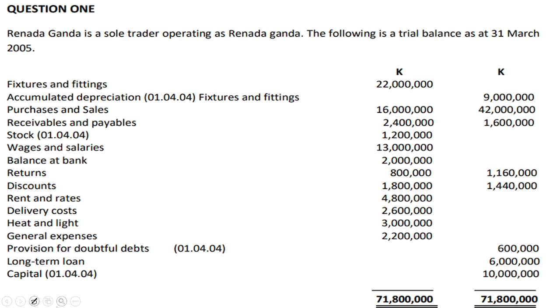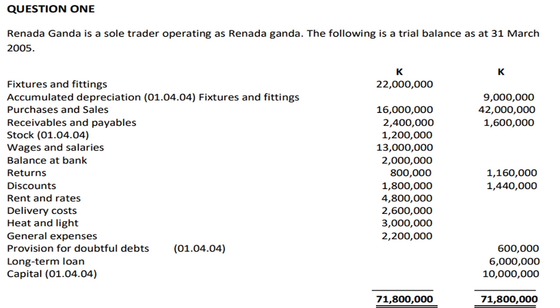I hope my screen is visible. Okay, so fixture and fittings, we have got 22 million. Then accumulated depreciation for fixture and fittings, that's 9 million. Now, when we say accumulated depreciation, what we are basically saying is that from the time the asset was bought until the time that we'll be preparing these statements, it has lost value of 9 million.